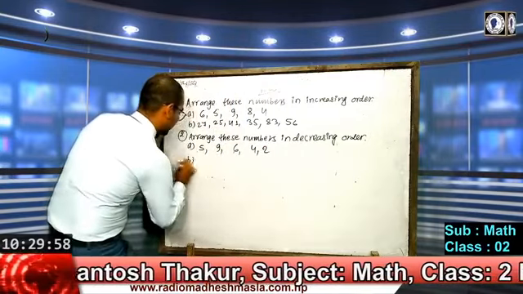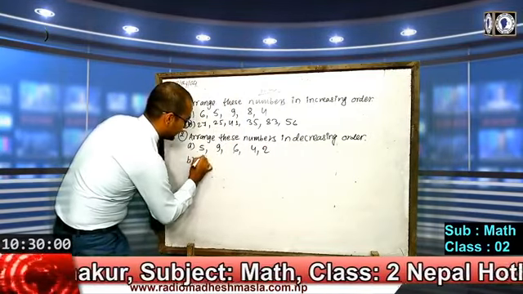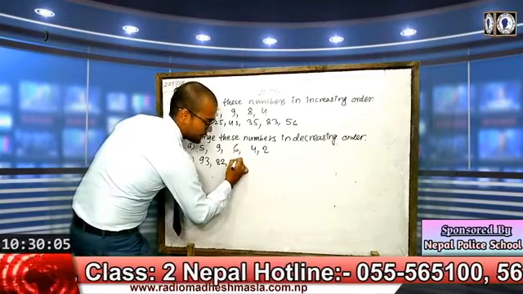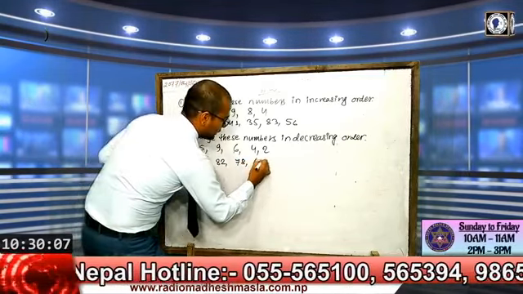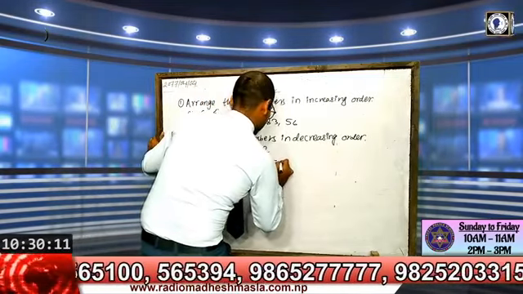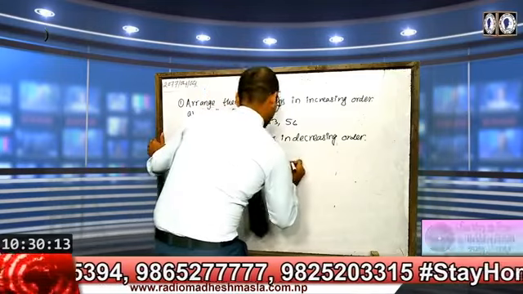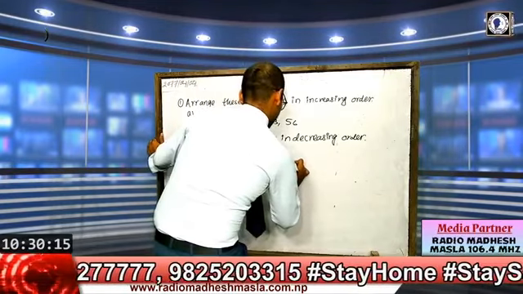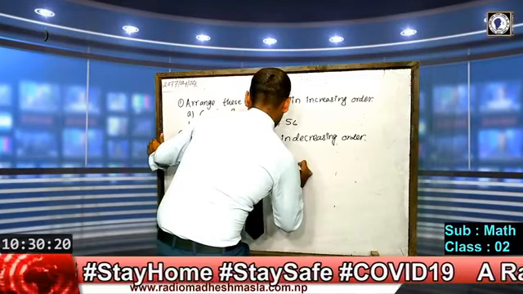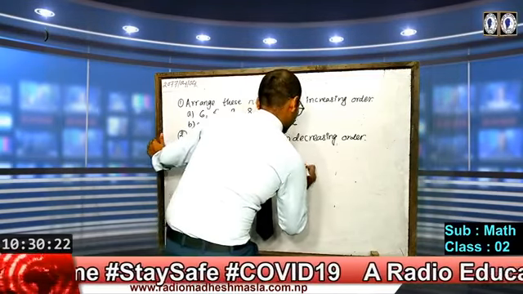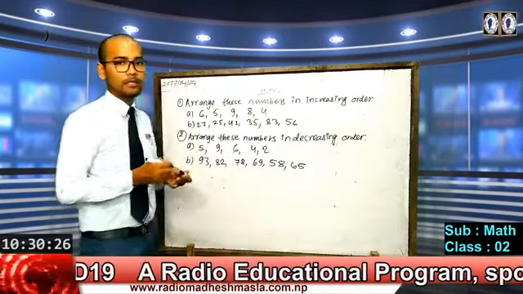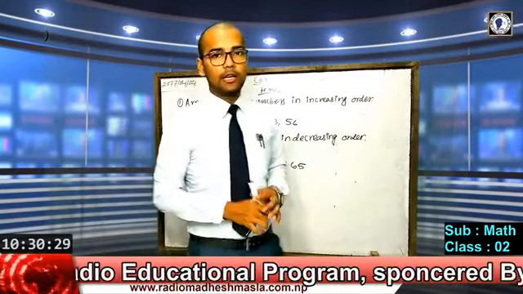And for question B, we have 93, 82, 78, 69, 58, 65 also. I hope you will do these homeworks perfectly.